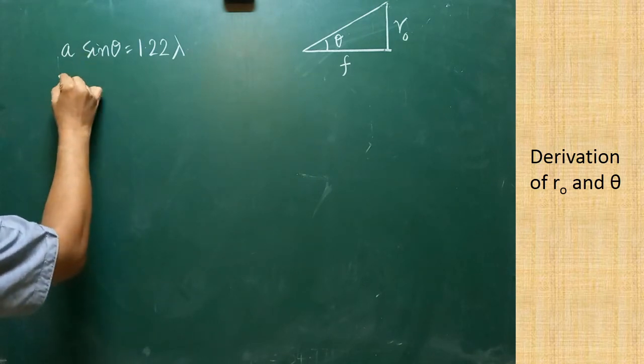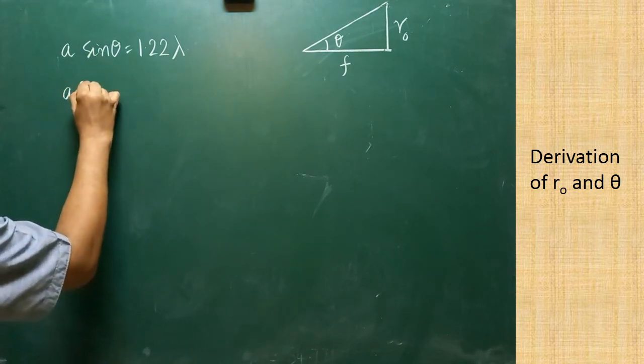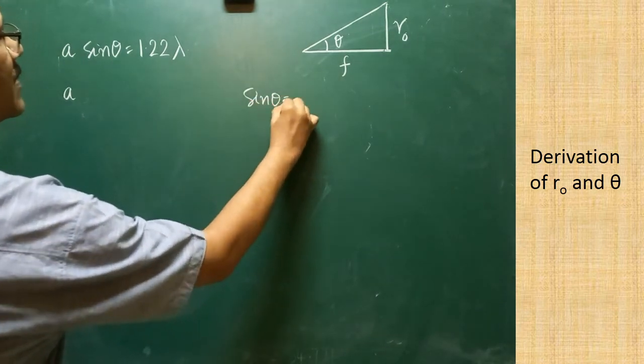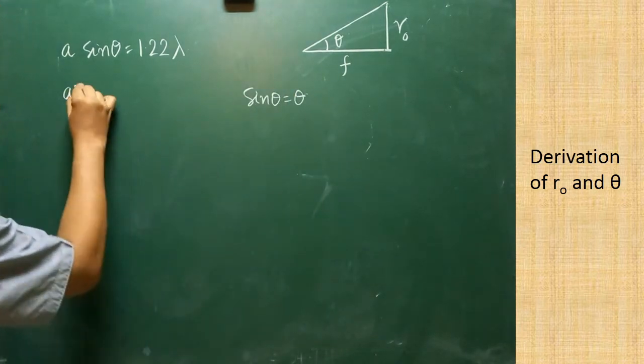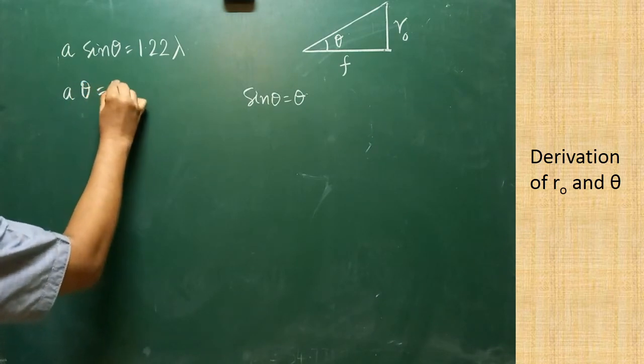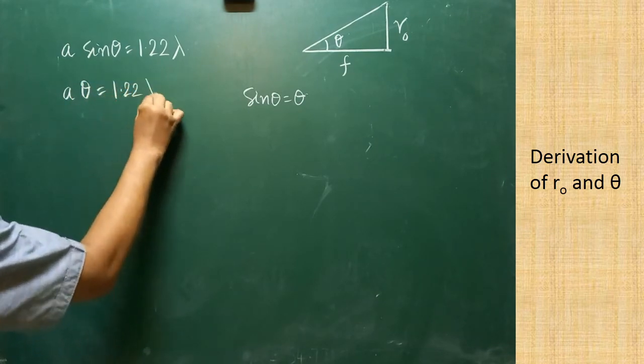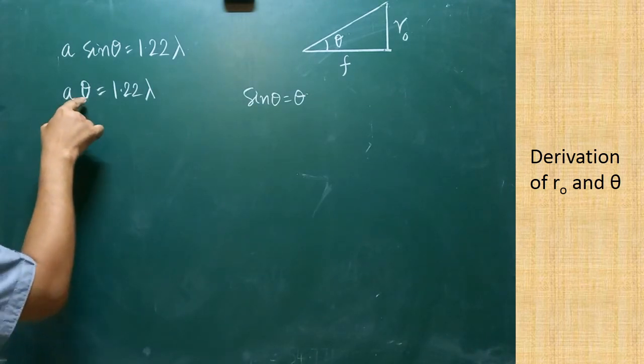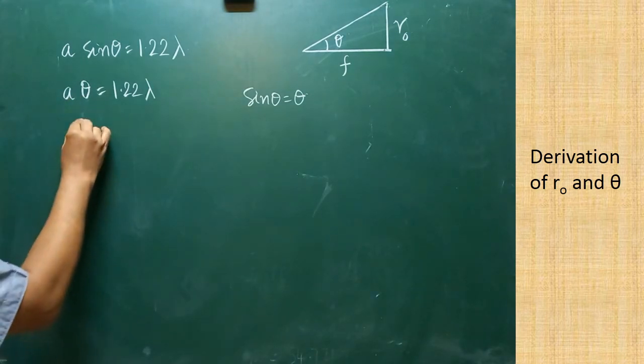Sin does not have any significance, so sin theta becomes theta. Therefore A theta can be written as 1.22 lambda. Here we obtain theta. What is theta?